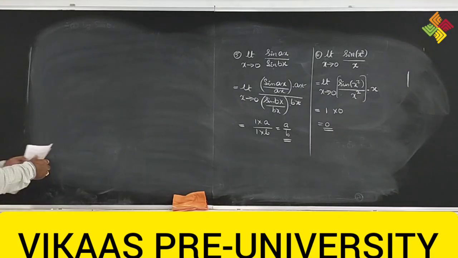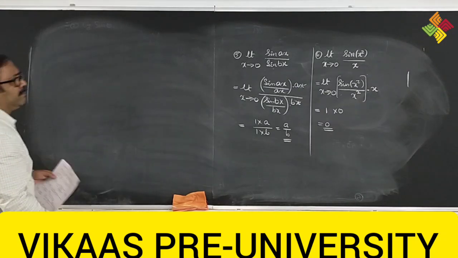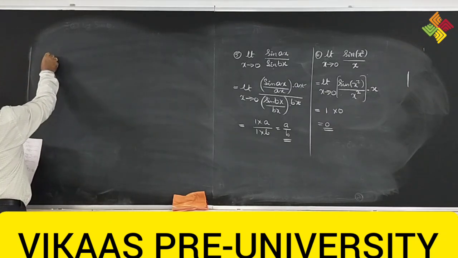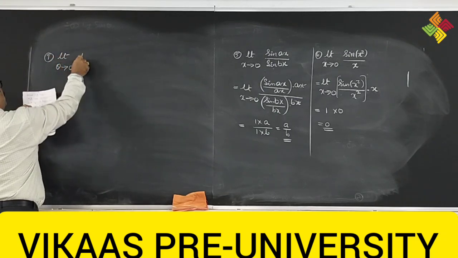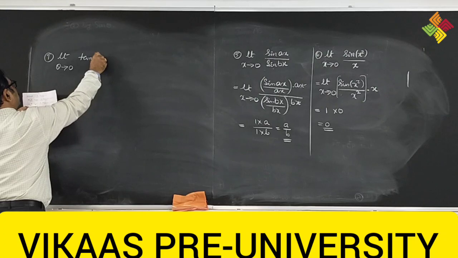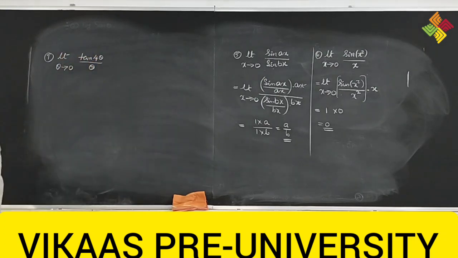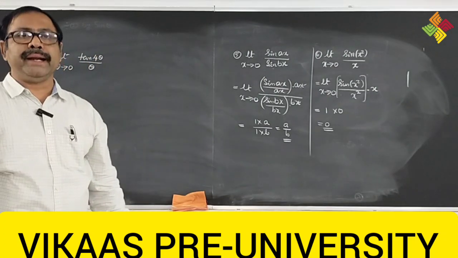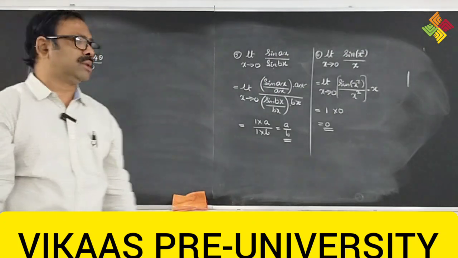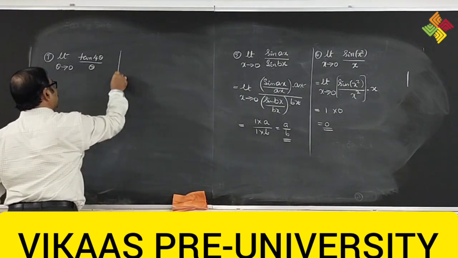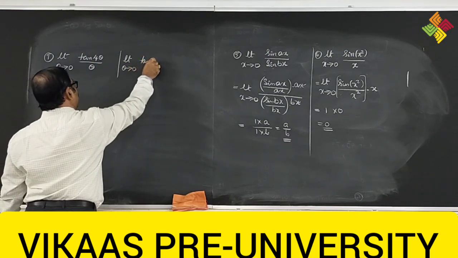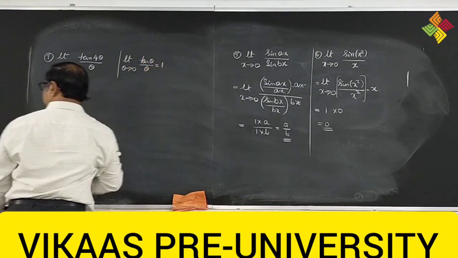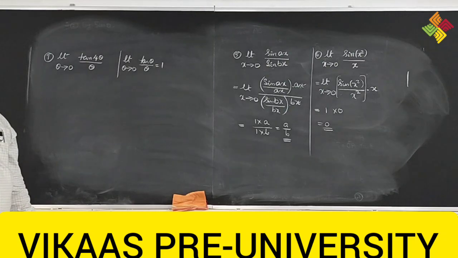Now, take another example. Limit theta tending to 0 tan 4 theta by theta. First we recall the form: limit theta tending to 0 tan theta by theta is equal to 1.